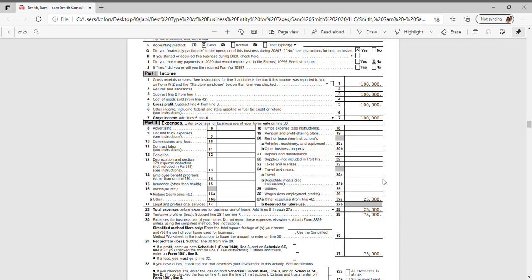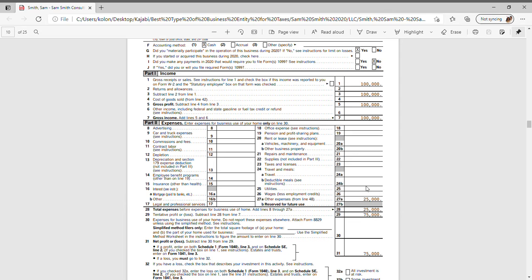If it was a more detailed return, we're going to fill in the advertising, if he had car and truck expenses, if he had insurance, if he had a mortgage on the property that he was operating out of, if he had legal and professional fees, if he had rent instead of a mortgage, if he was renting any machinery or any equipment, if he had any repairs, supplies, wages that he paid anyone.